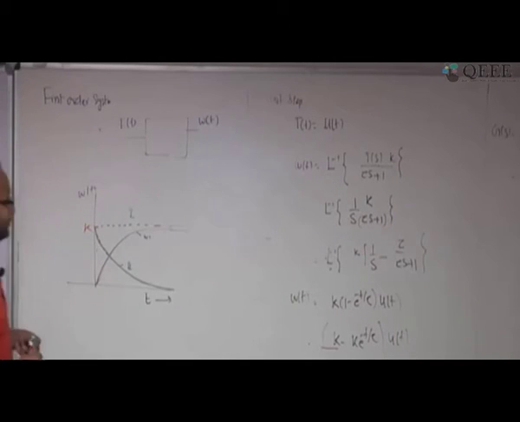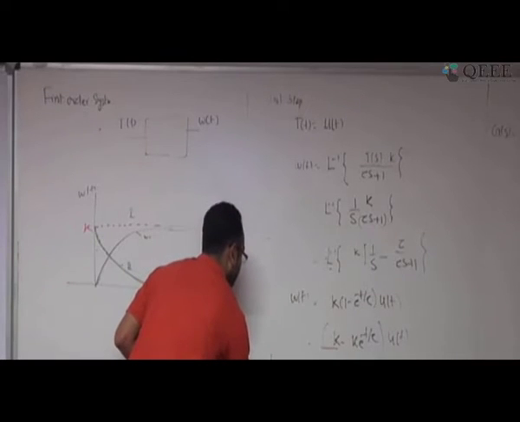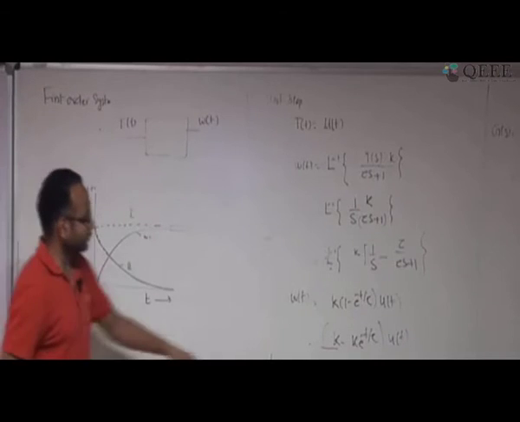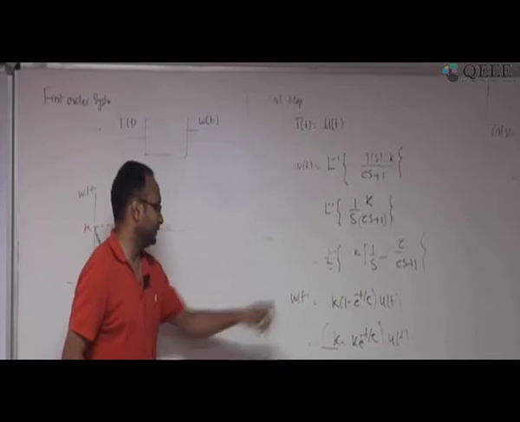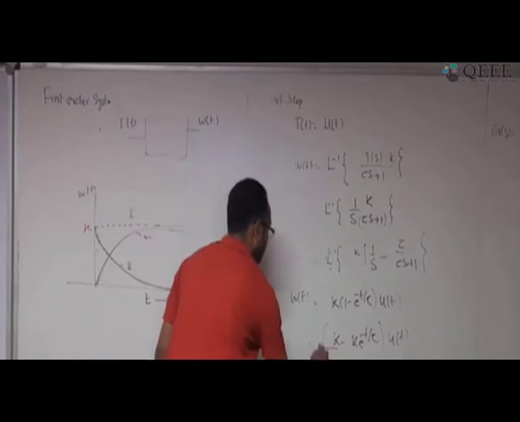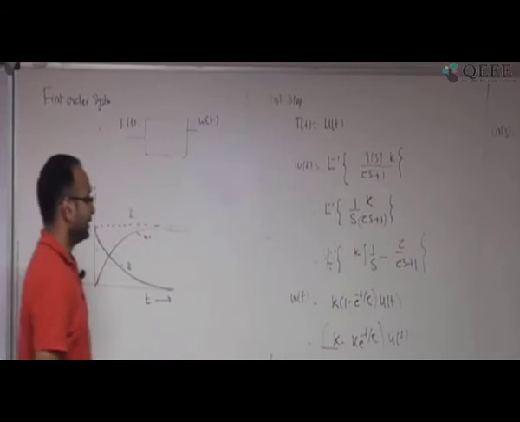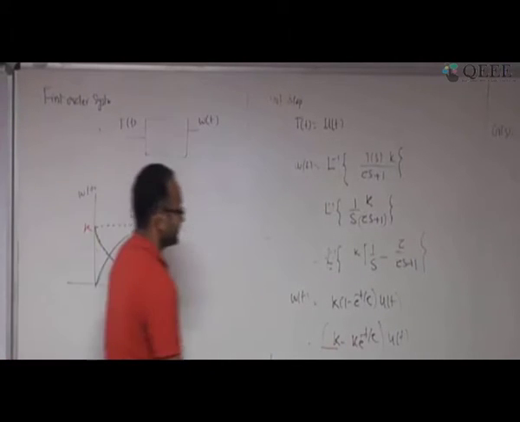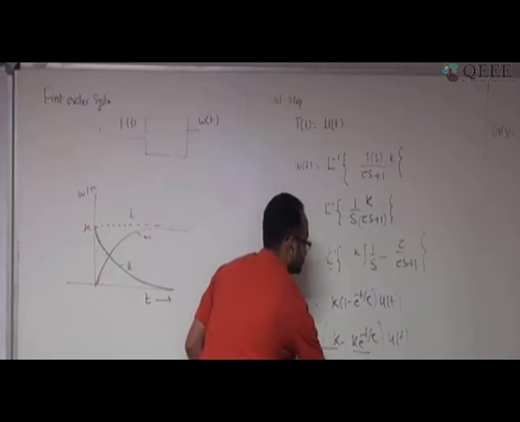Yesterday, if you remember, I talked about the steady state value: what is the value of this output, in this case the angular velocity, when t tends to infinity. If you solve it, it comes as k. Another aspect: this is due to the system.